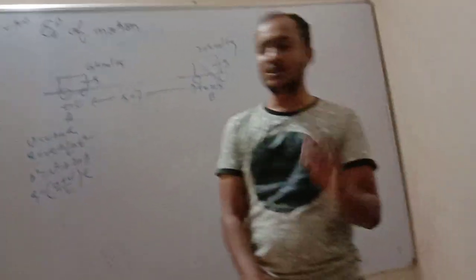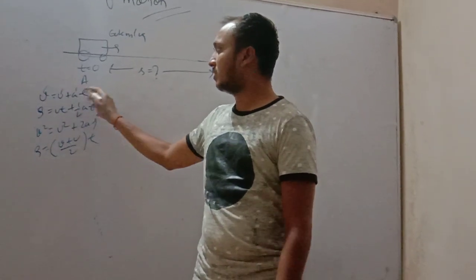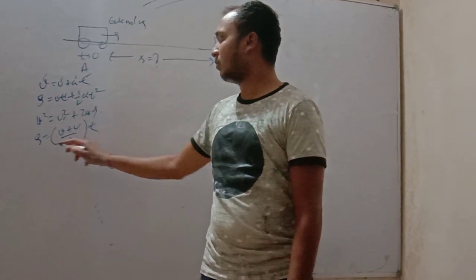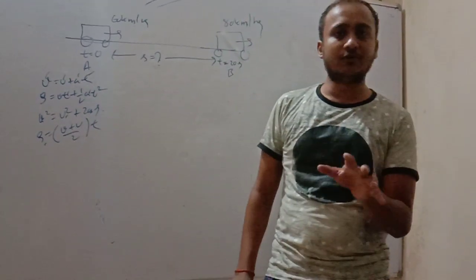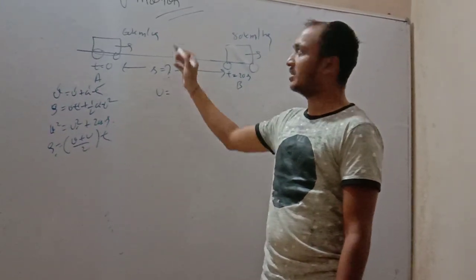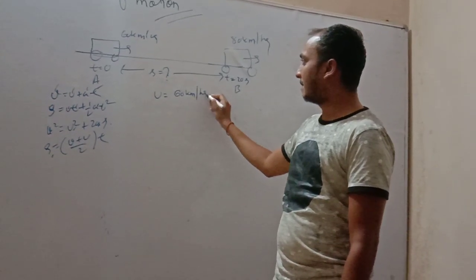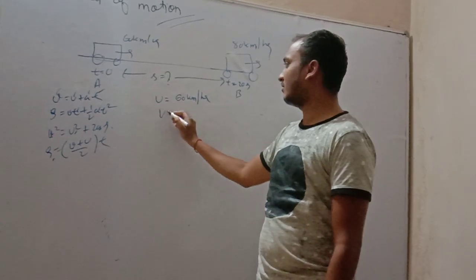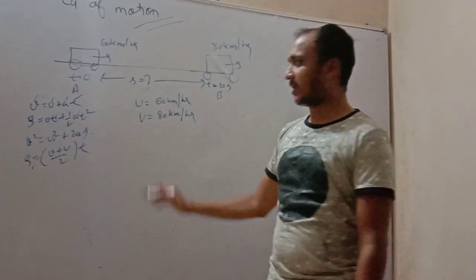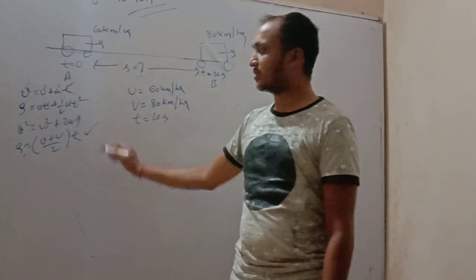Always, in all these equations there are four variables, and out of the 4, 3 will always be given. Like in this problem, u is the initial velocity, which is 60 km per hour. Final velocity is 80 km per hour. Time is 20 seconds. So friends, we will use the last equation.